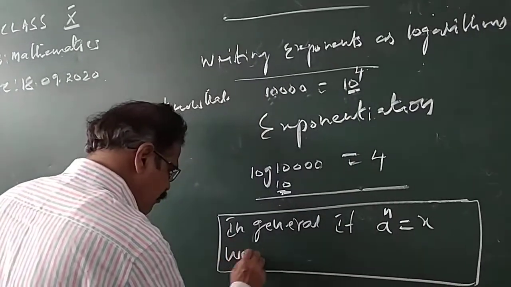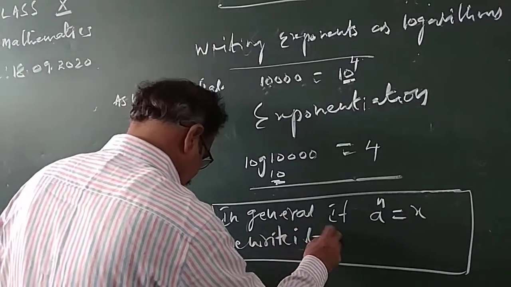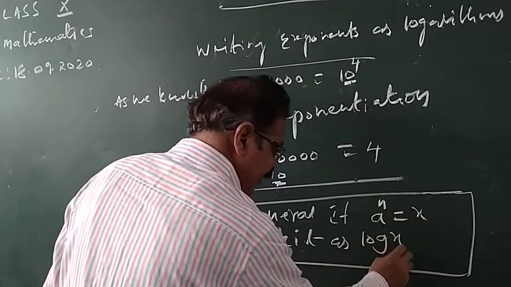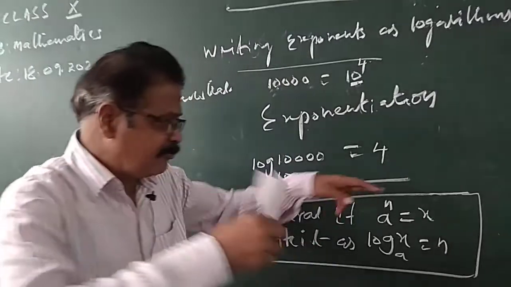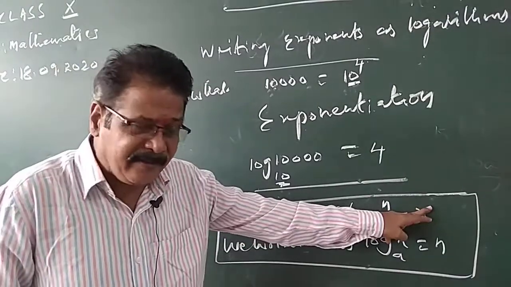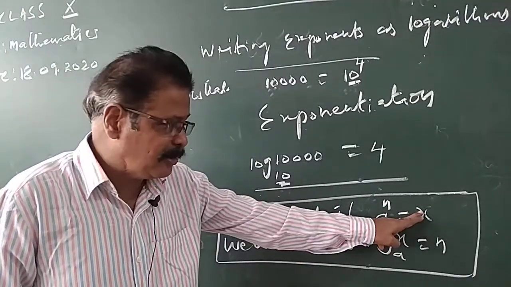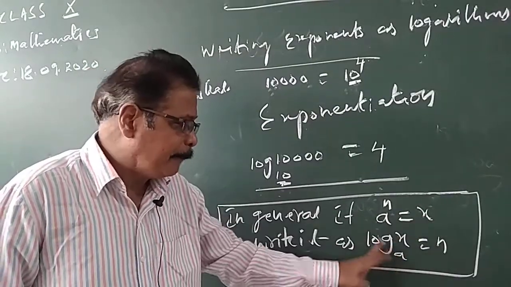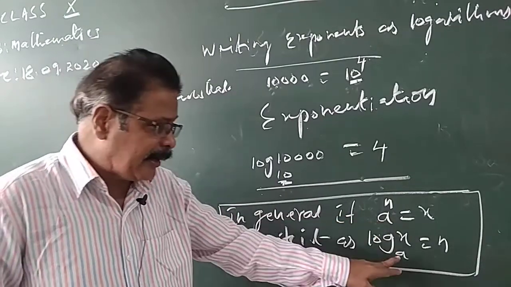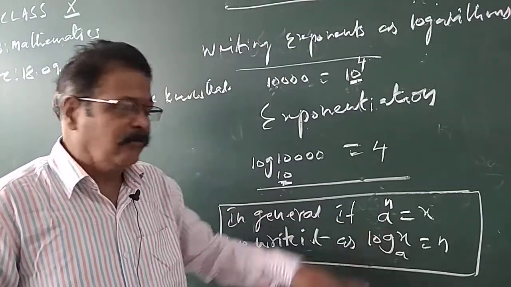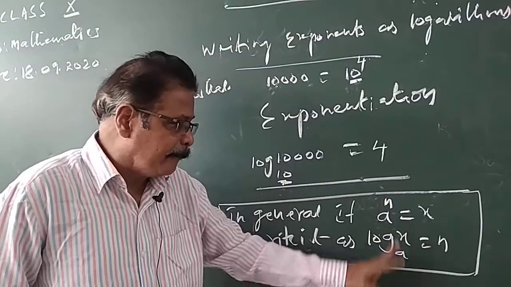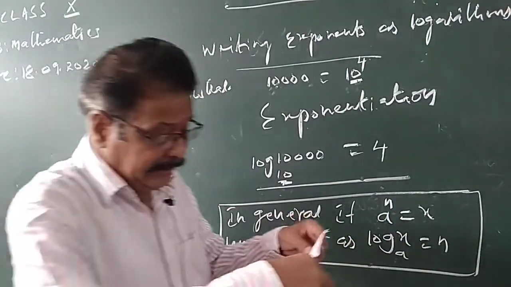We write it in log form as log x base a equals n. This is the exponential form, and this is the logarithmic form. In both forms the base is the same: in the exponential form the base is a, and in the logarithmic form the base is also a. This is the general form.